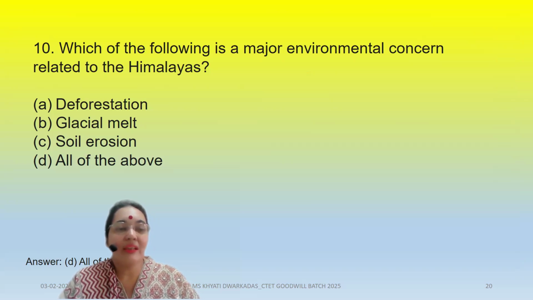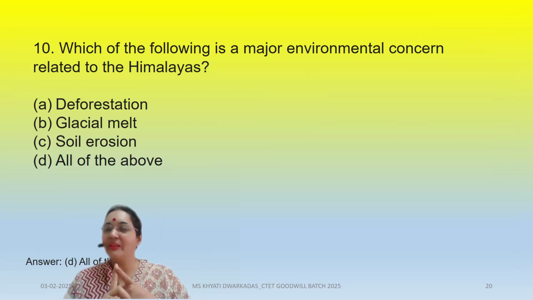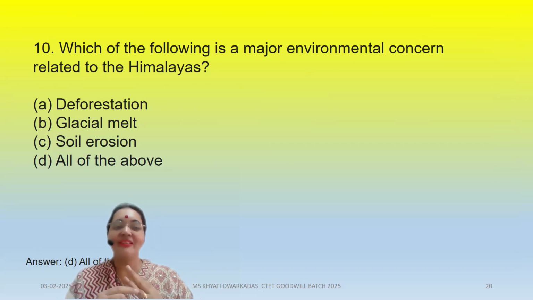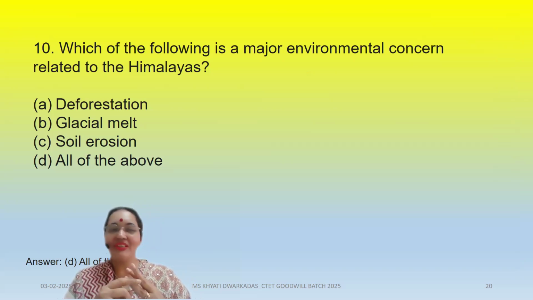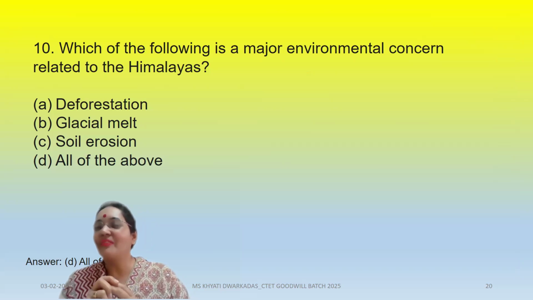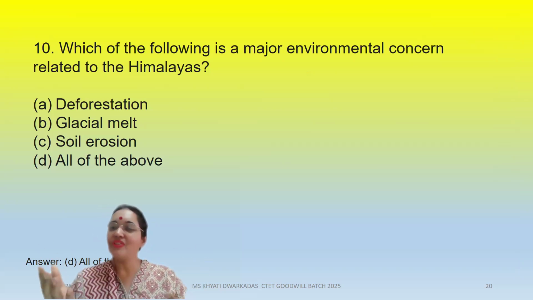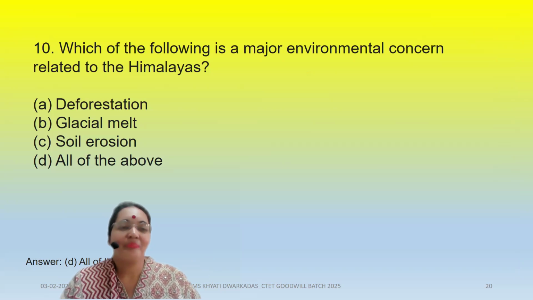It is not only deforestation or only glacial melt or only soil erosion, just as in the previous question we saw biodiversity, protection from cold winds, and major source of rivers. Exactly opposite here: deforestation, glacial melt, and soil erosion. So the answer became all of the above. It's the same question, differently asked.